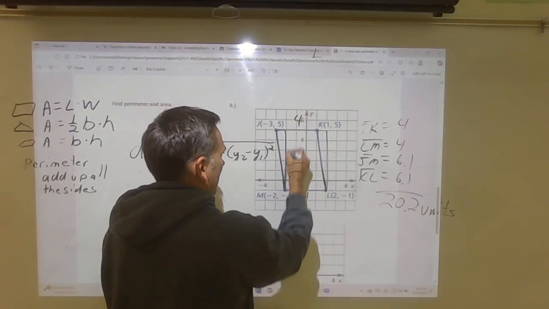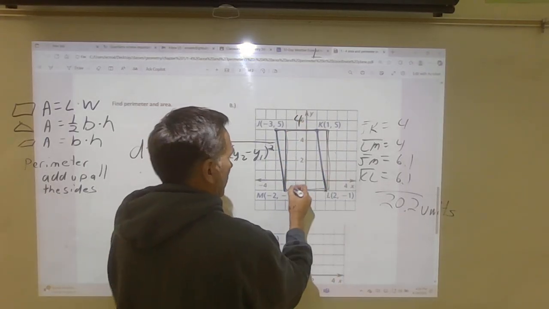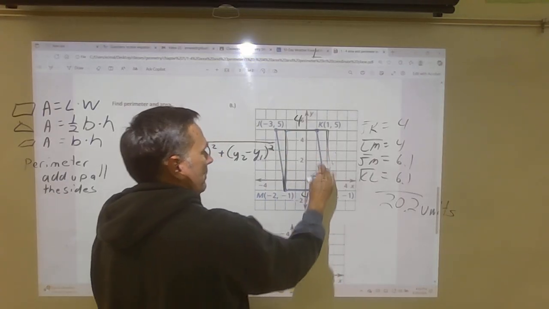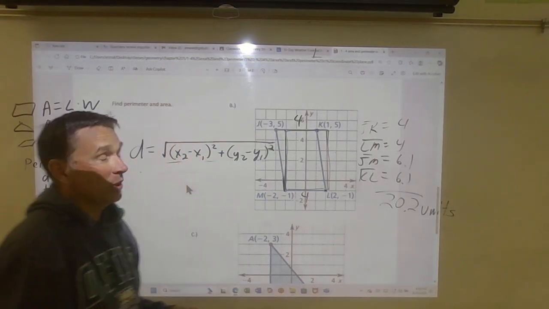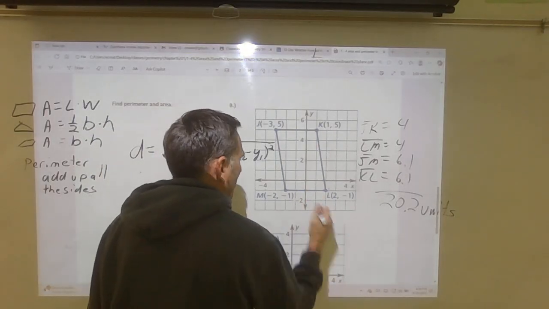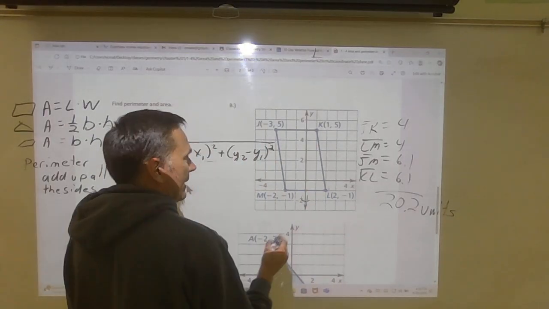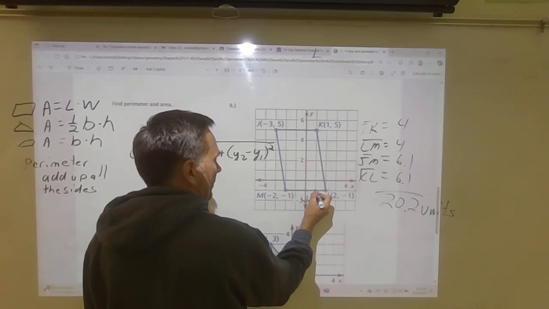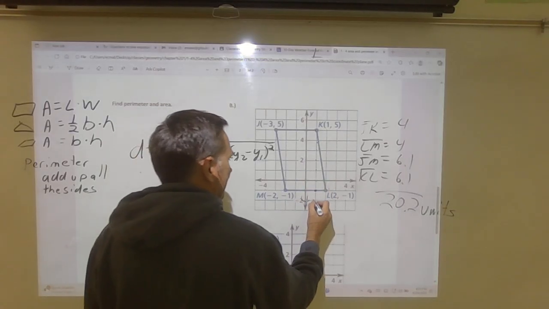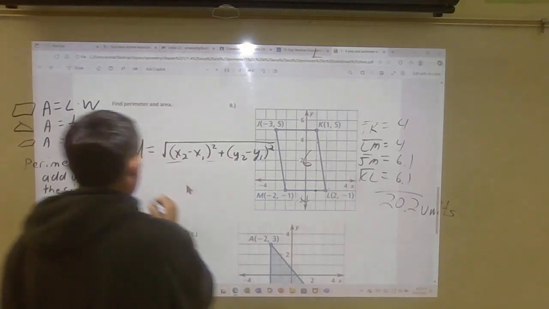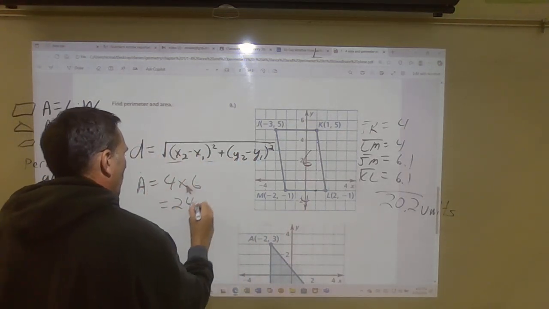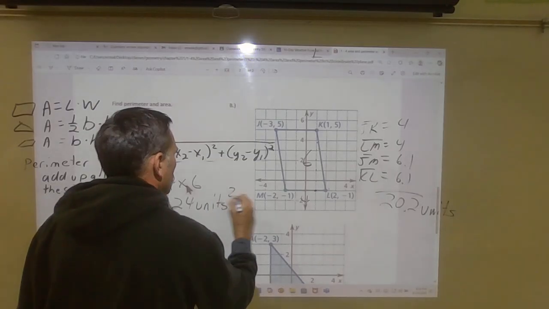That part would be removed, and that's there. That's why we can use this formula of base times height. So we know the base is 4. The height, just like a triangle, 1, 2, 3, 4, 5, 6. So the area is 4 times 6, or 24 units squared.